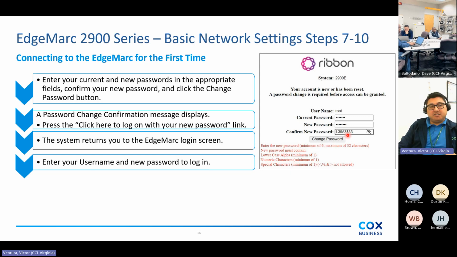Other passwords that technicians have used is like cool, capital C, OOL, number 1, and @ because the requirement is that it needs an alpha character that is capitalized. It needs a lowercase alpha character, and then it needs some numeric characters and a special character. This is not going to be the final password because when we load the configuration, it will change that password. That's just a temporary password.